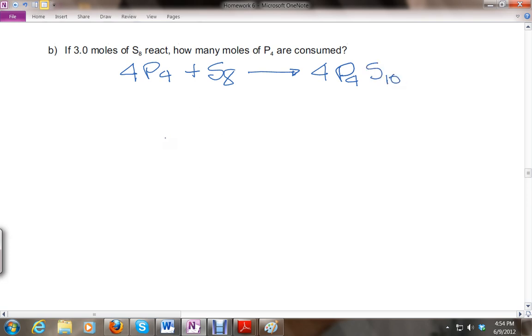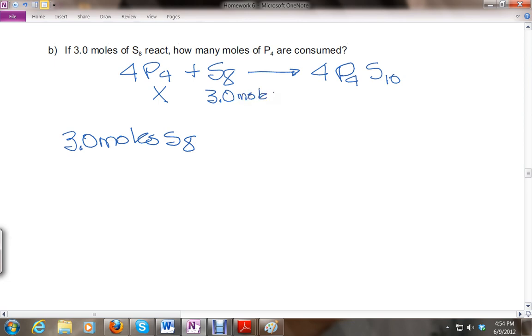Okay, now the next question, letter B: if 3.0 moles of S8 react, how many moles of P4 are consumed? So what are they asking for in this one? And they're giving you 3.0 moles.